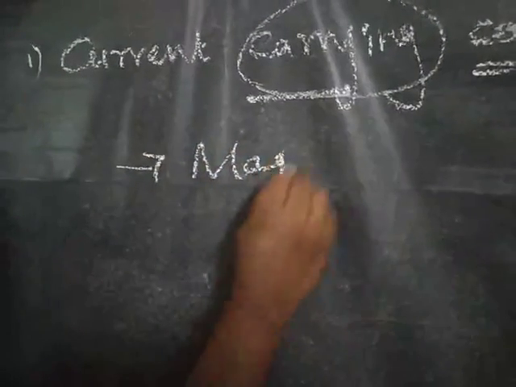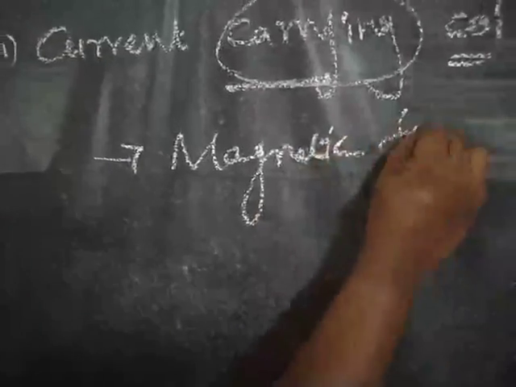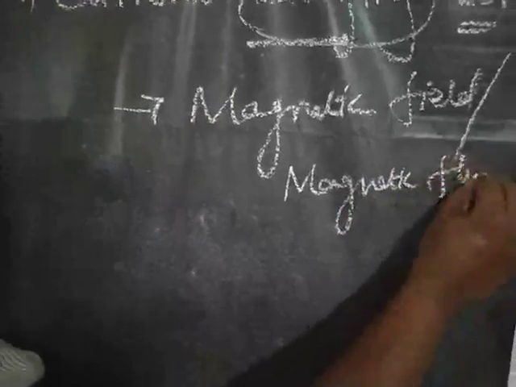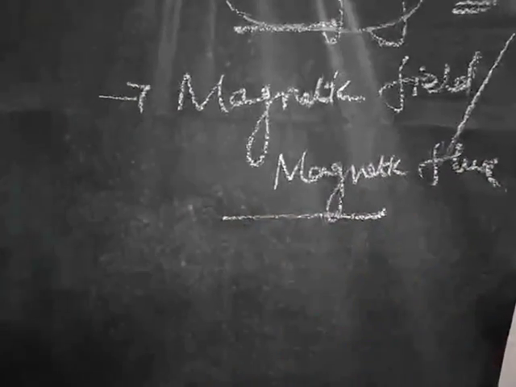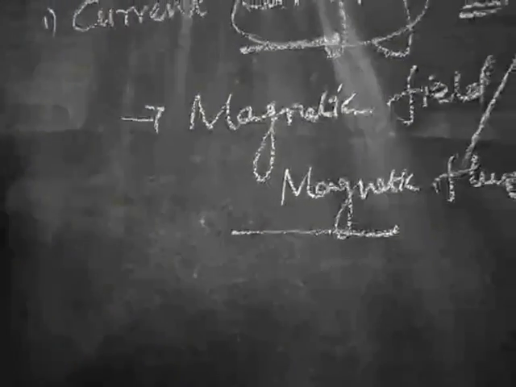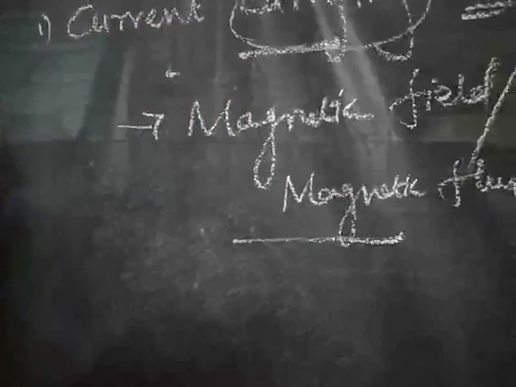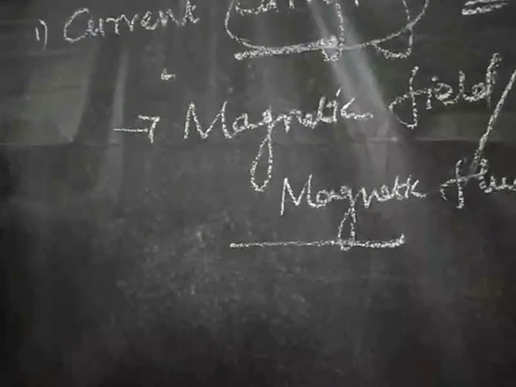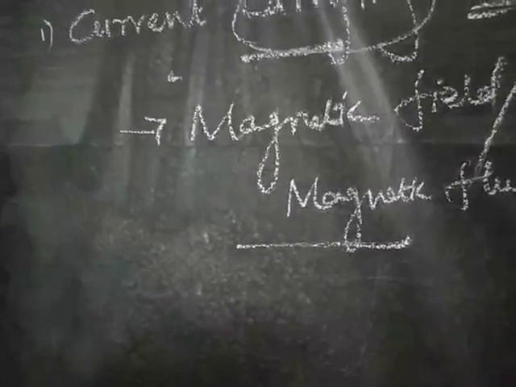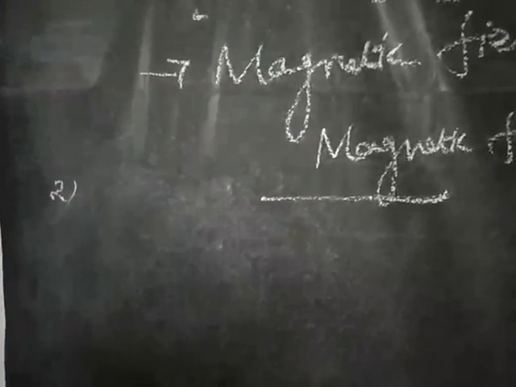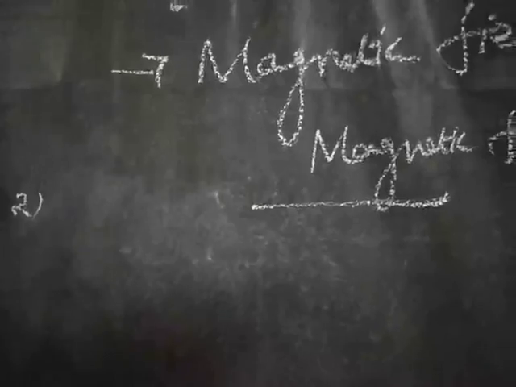A magnetic field and magnetic flux are produced. We attach a galvanometer and switch on and off, and we get a deflection. With the help of this we find out the opposite charges also.